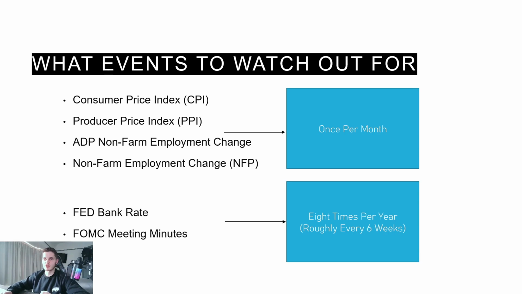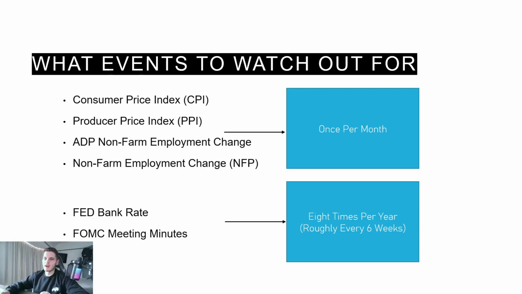The Consumer Price Index, CPI, is going to be the most key out of these four to pay attention to. This will have the biggest impact on the market. And out of the employment ones, non-farms is going to be the bigger one to pay attention to. Not to say these two aren't important, it's just the other two will have bigger effects on the market. So be paying attention to these releases. On the next slide, we'll go through what to look out for on these, just to make everything clearer.